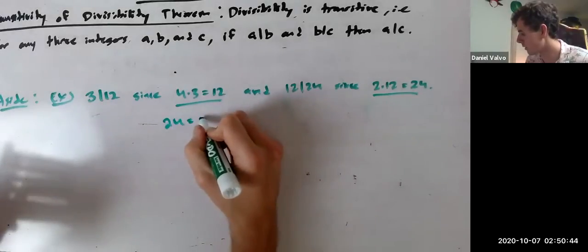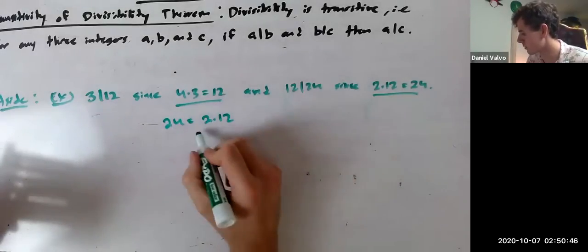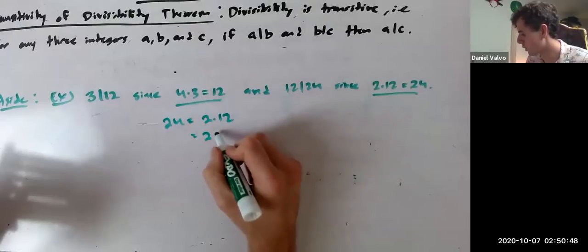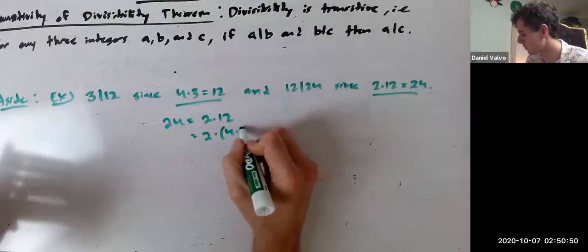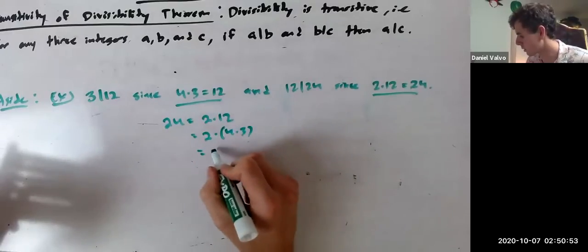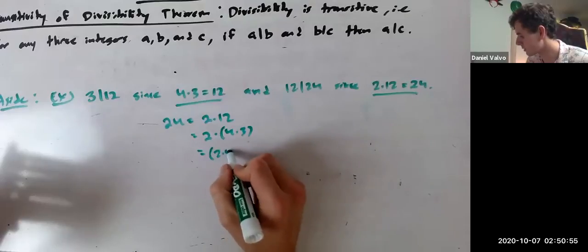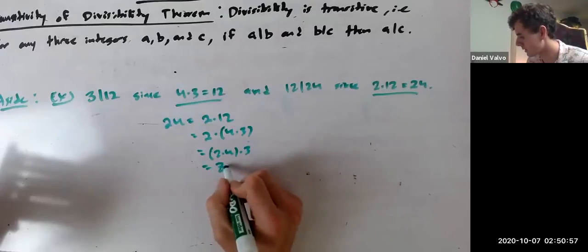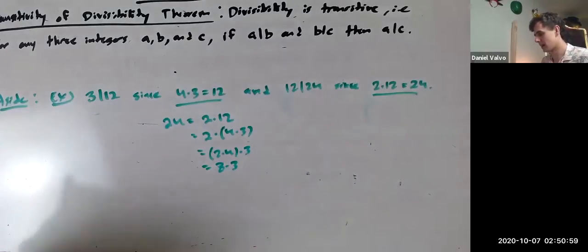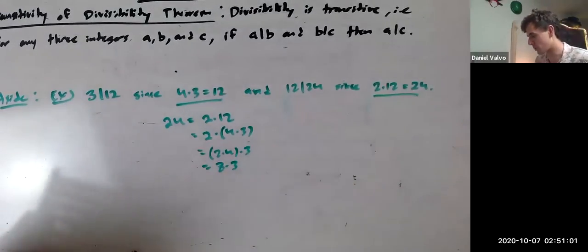So then 24 equals 2 times 12, and then 12 equals 4 times 3. This whole thing equals 2 times 4 times 3, which is 8 times 3. And 8's an integer, so 24 is an integer multiple of 3.